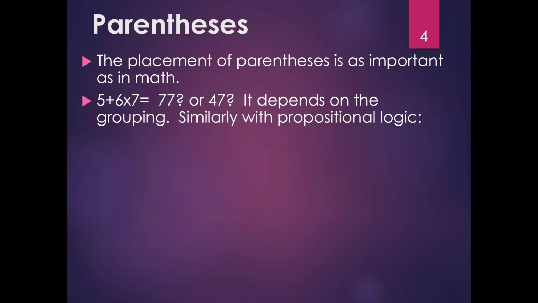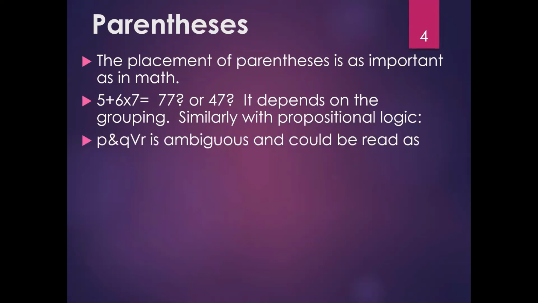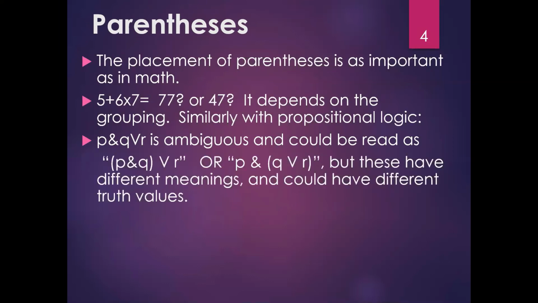And this is similar with propositional logic. So if you just run connectives together with the sentence letters, like this, P and Q or R, that is an ambiguous sentence. That sentence could be read as (P and Q) or R, or it could be read as P and (Q or R).